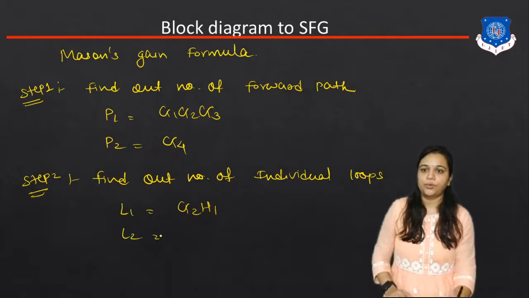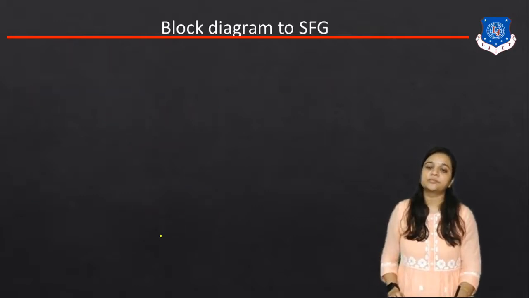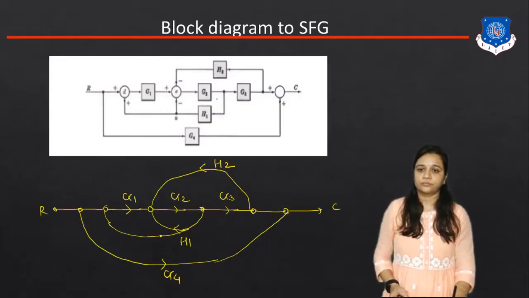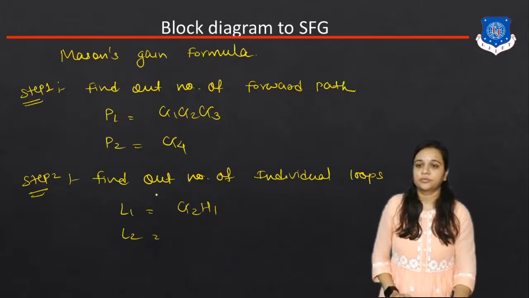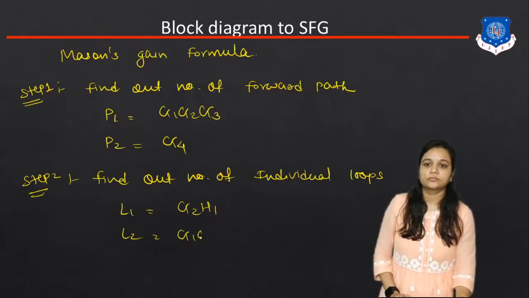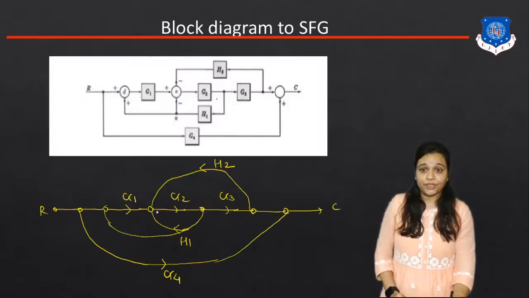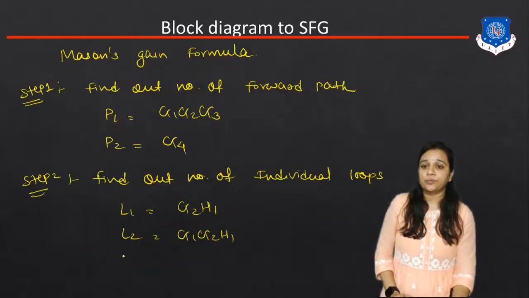The loop number 2 is, here you can see that, the second loop is G1, G2 and H1. Now the third loop is G2, G3 and H2.